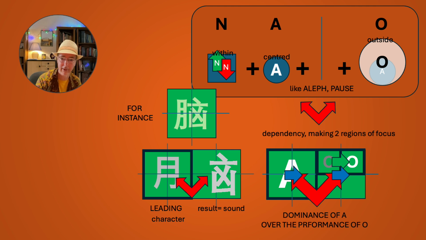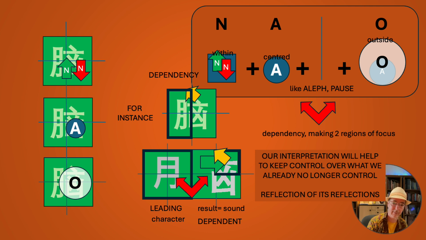And I will explain that character later. But you have this dependency. This dependency, what is growing, also depends on how I approach it. I will come to that later. But also here you see the N, A, the O in that second character, and the dependency of your character, the leading character, and the feedback process in it as well is recognizable, and I will explain later what it means, how you can interpret it.